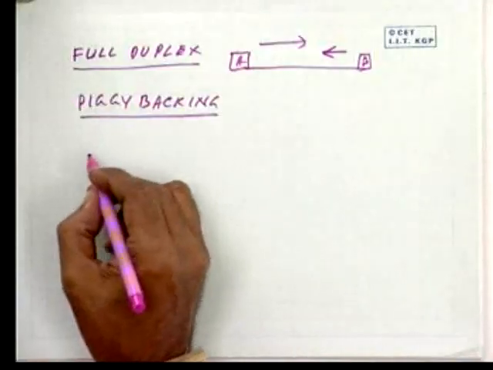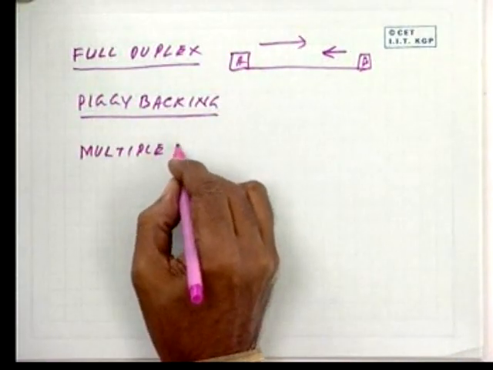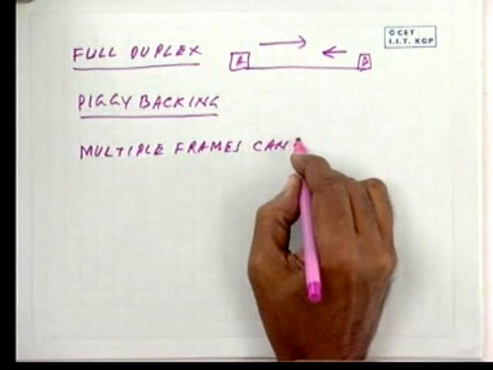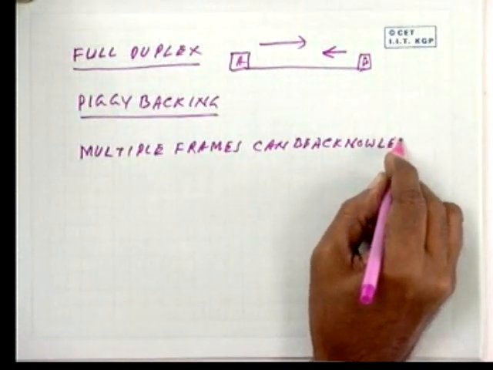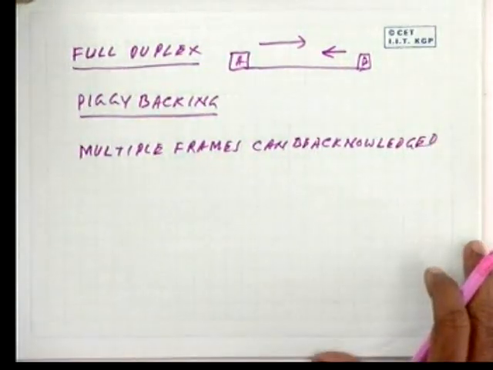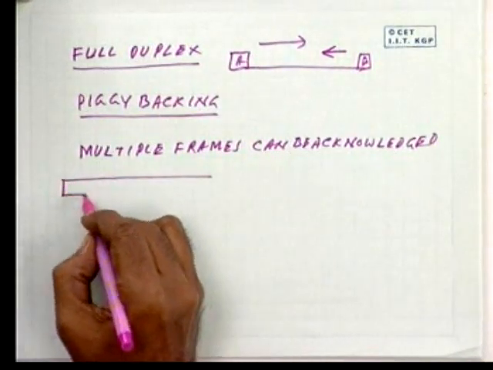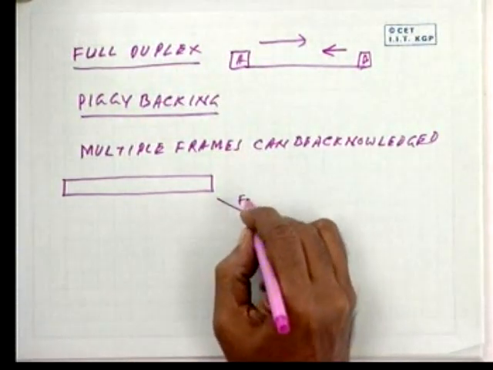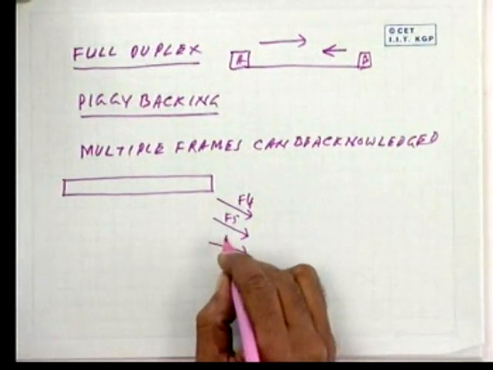Another point is multiple frames can be acknowledged. What can be done? Say this is your transmitter. It has sent F4, F5 and F6.